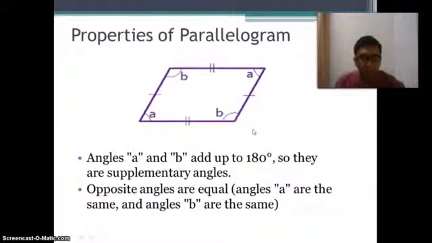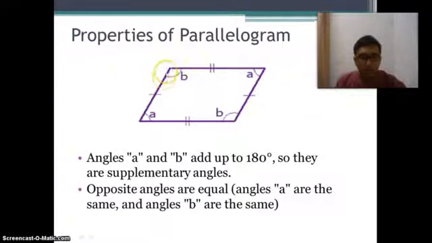Okay, the basic properties of a parallelogram: angles A and B add up to 180 degrees, so they are supplementary angles.